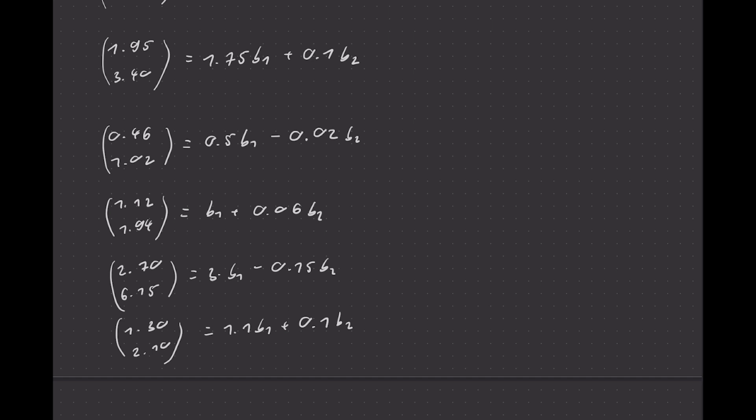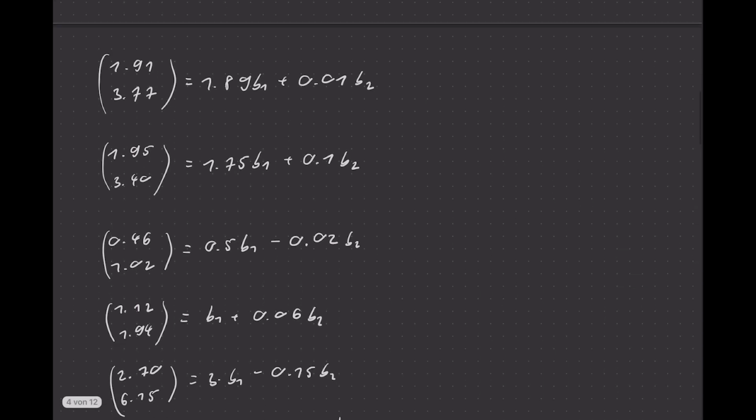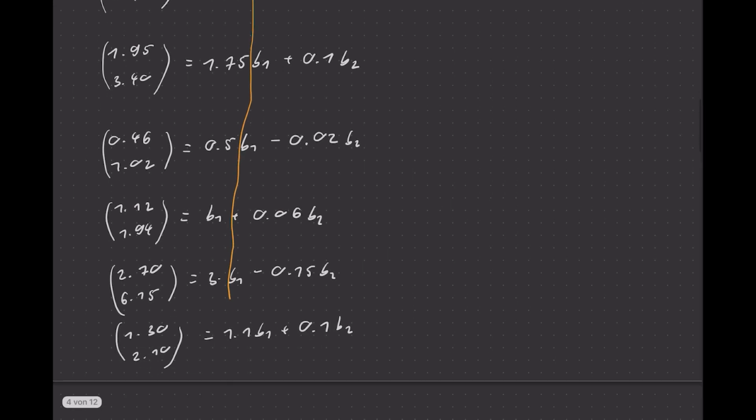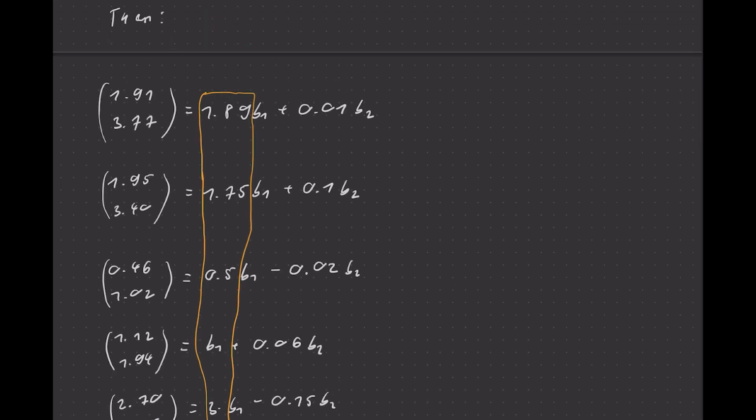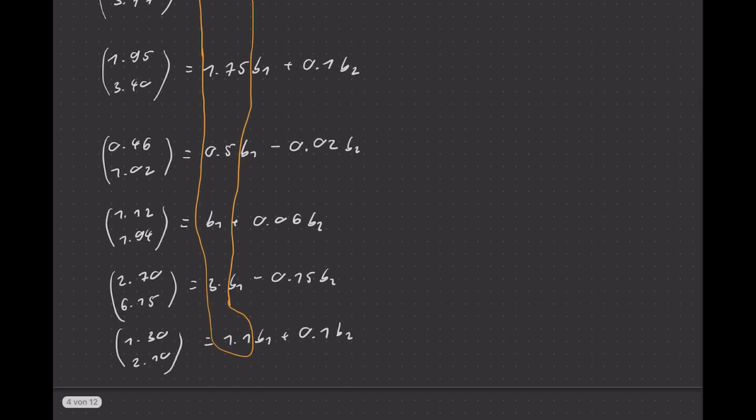What you can really see here is this B1 part. That really is the dominating factor. So the idea is B1 explains most of the data, so to say. It represents the underlying principle, the correlation between those two components of the vector.